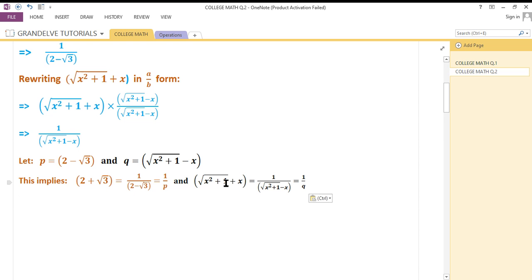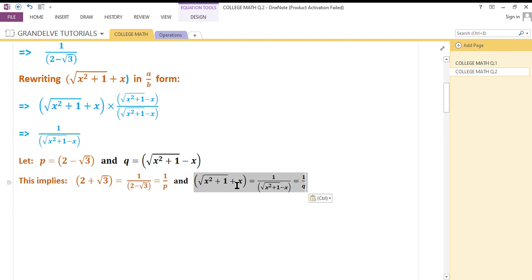And let's come to the log expression square root of x squared plus 1 plus x. That one too resulted in 1 over square root of x squared plus 1 minus x, as you can see here. And we represented that expression square root of x squared plus 1 minus x by q.